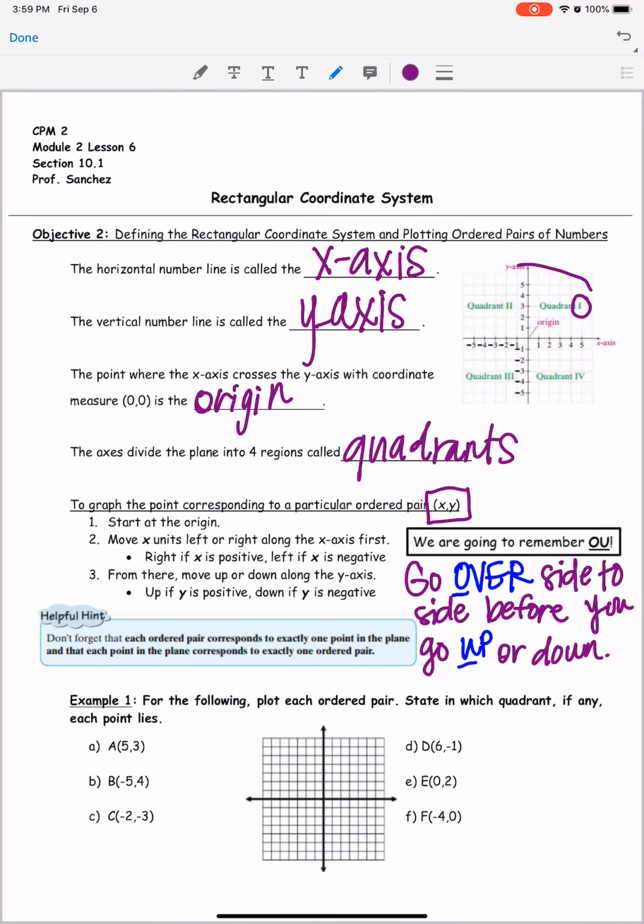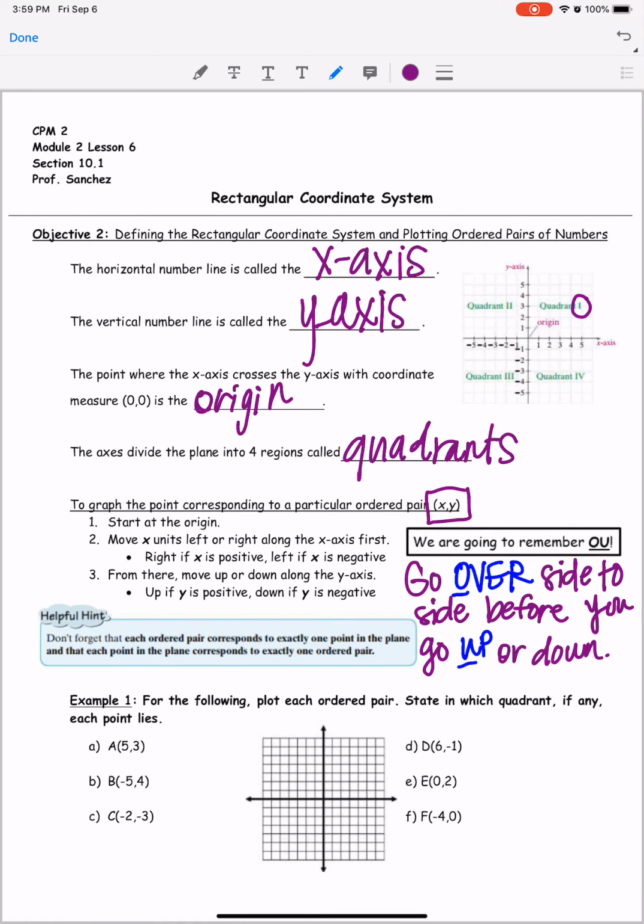So then we have quadrant 2, quadrant 3, and then lastly quadrant 4. So just remember, you start right here in quadrant 1 where it's positive, positive, and then go counterclockwise 2, 3, and then 4. So in our example 1, we're not only going to plot these, then we're also going to state which quadrant, if any, that they are in.